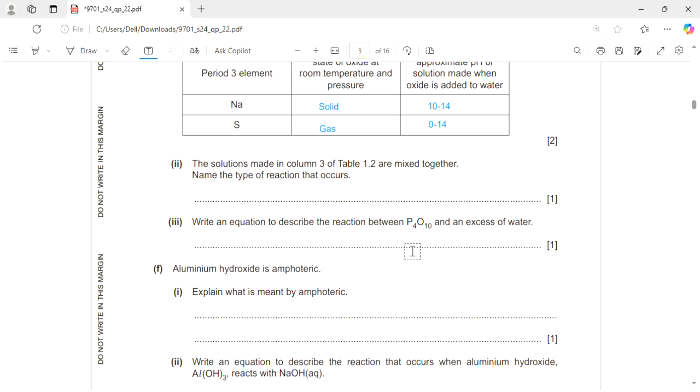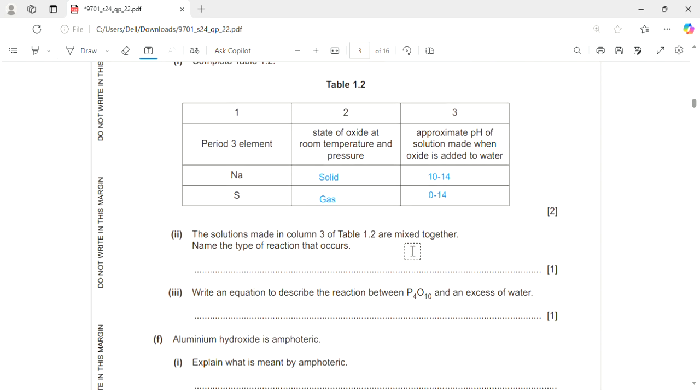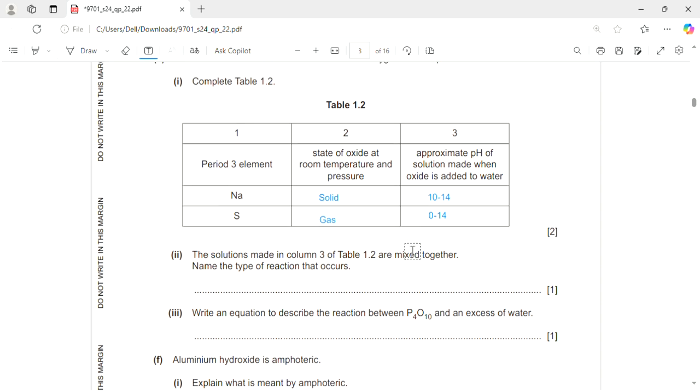So move to another part, part E. The solutions made in column 3 of table 1.2 are mixed together. Name the type of reaction. Of course, it's an acid-base reaction.